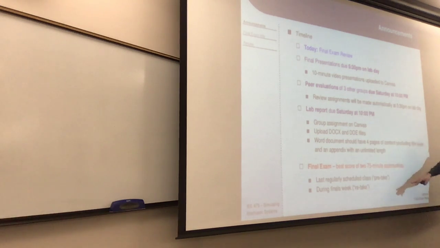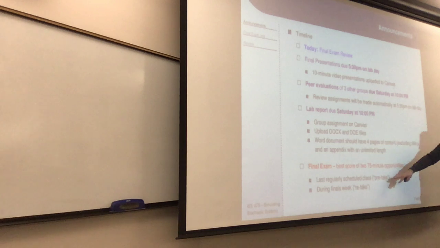I actually have to be on a plane during the final exam, so I'll do my best to help along with that. So that's the schedule here. It's the best of the two, exactly like the midterm. We'll talk about the format in a second, but this is basically the timeline for this week. Not a whole lot left.